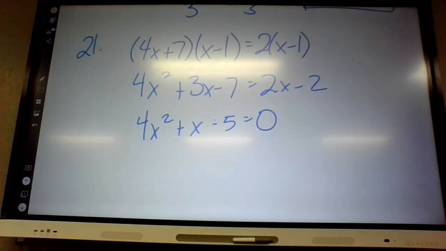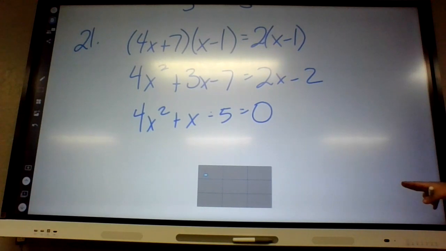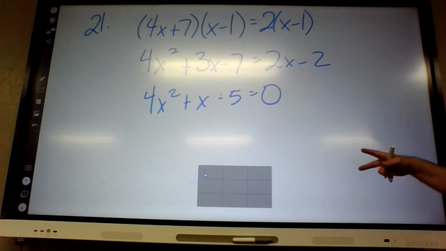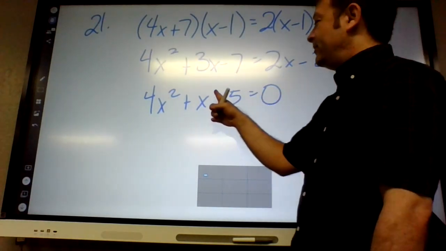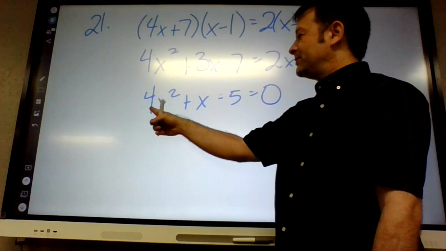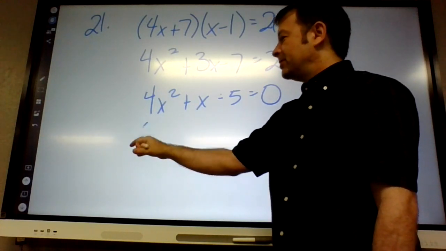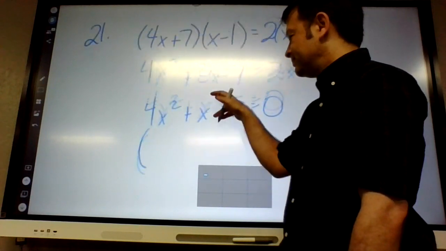Okay, we could use quadratic formula here, but this one looks easy to factor to me. Easy-ish. Well, if we could do 5 minus 4, that would give us 1. You guys remember how to set these up?